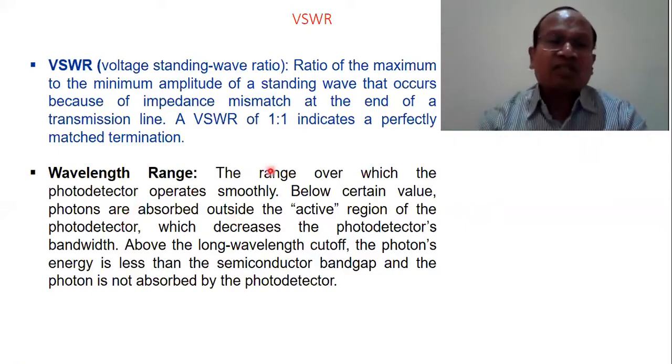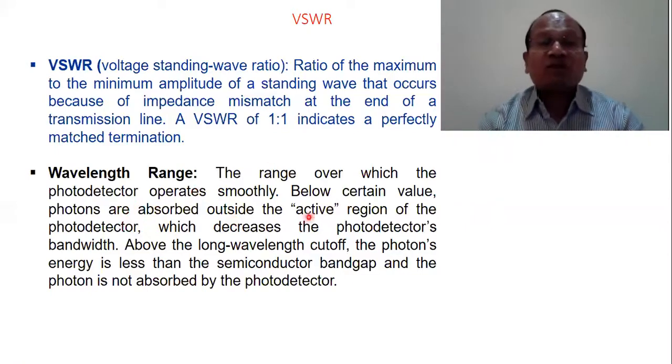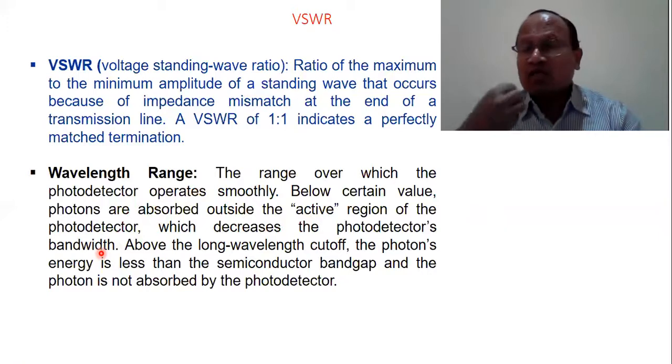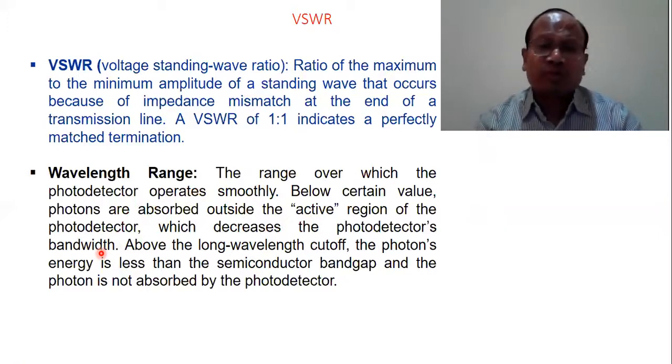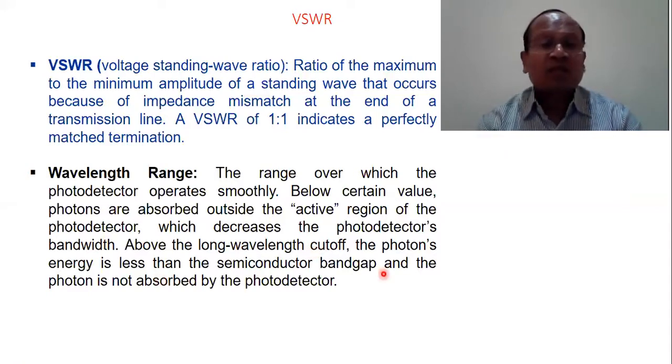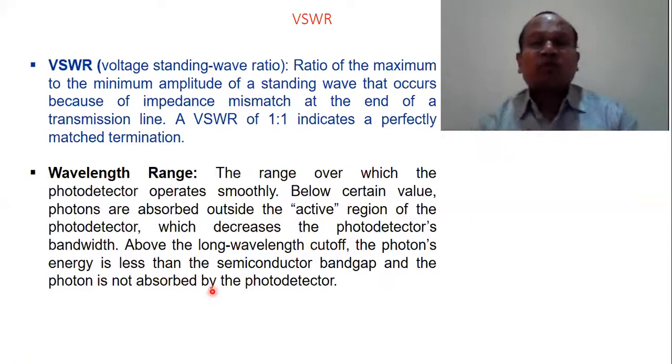Why? Below a certain value, the photons are absorbed outside the active region of the photodetector. That decreases the photodetector's bandwidth. Some photons are absorbed outside the active region, and there is no use of those photons. And when we go above a certain value of wavelength, the photon energy is less than the semiconductor gap, and the photon is not absorbed by the photodetector.